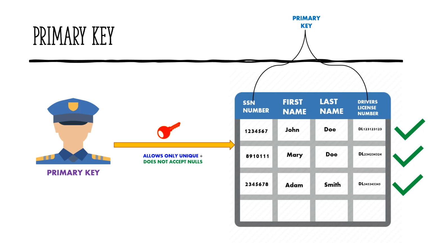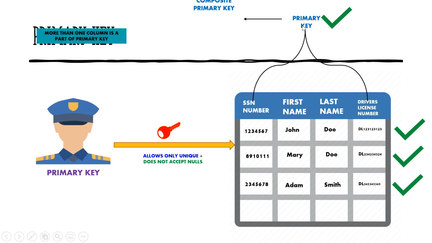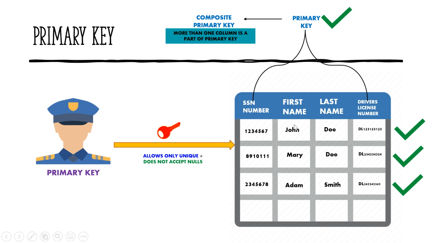So here is a combination of SSN number and the driver's license number to be a part of the primary key. And whenever you have more than one column in a primary key, it is called a composite primary key.